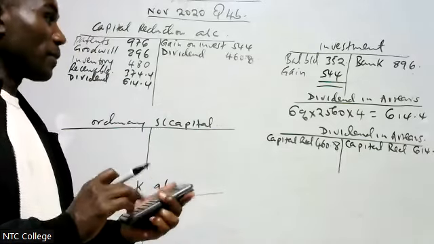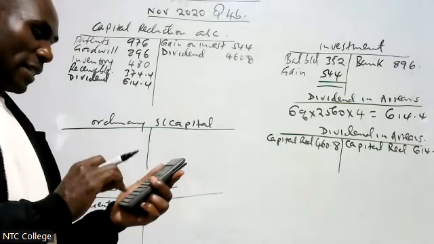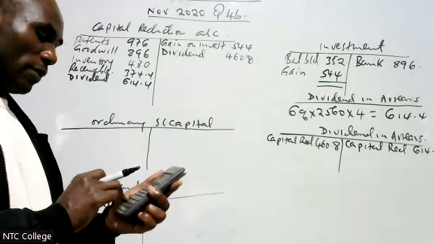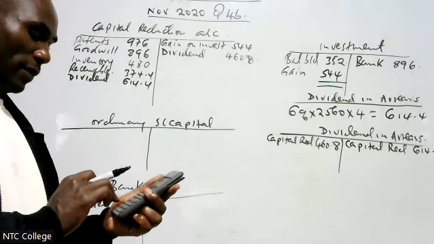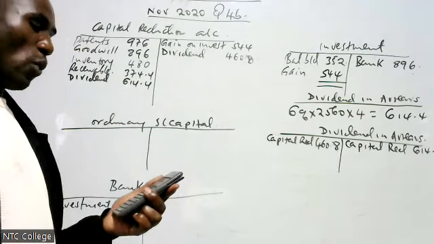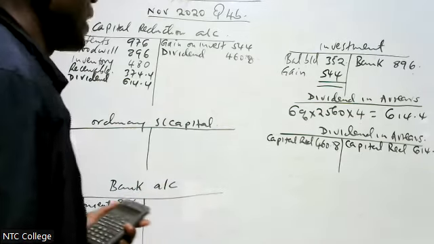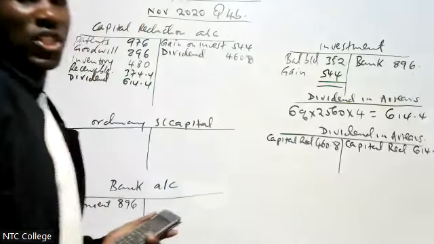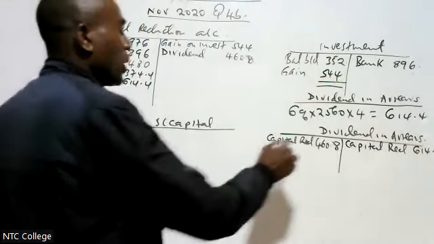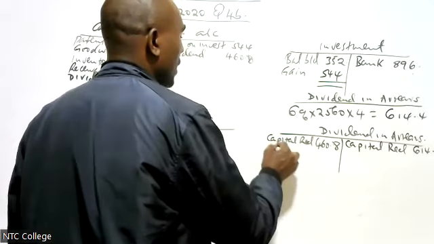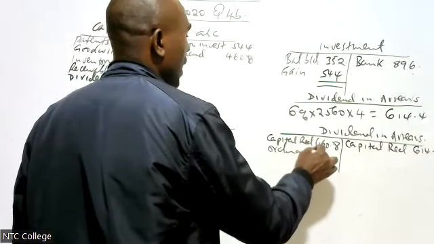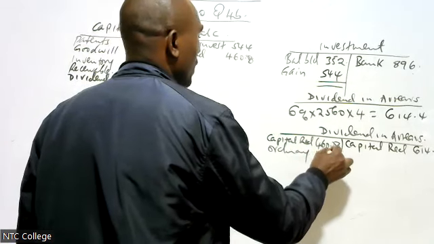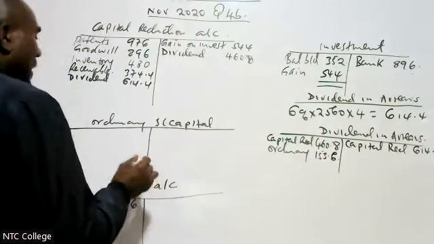Therefore, it will be 614.4 divided by 4, which is 153.6. Therefore, here, 153.6, I'm allocating ordinary shares. Therefore, I'm issuing ordinary shares. I debit this account, I say ordinary shares, 153.6. I credit my ordinary.